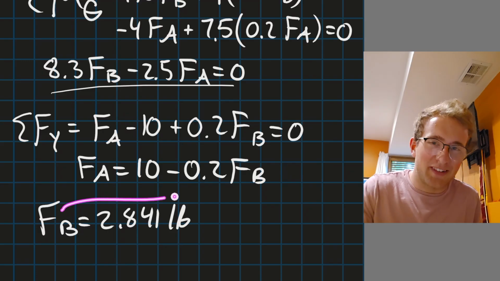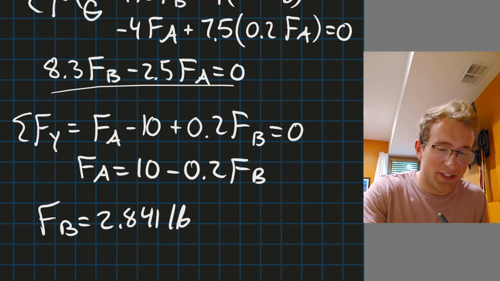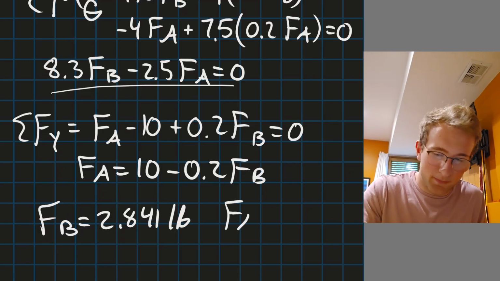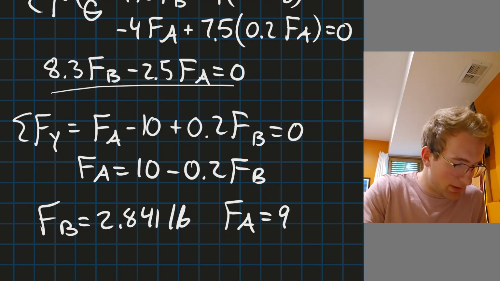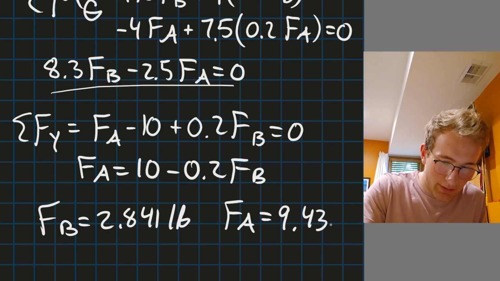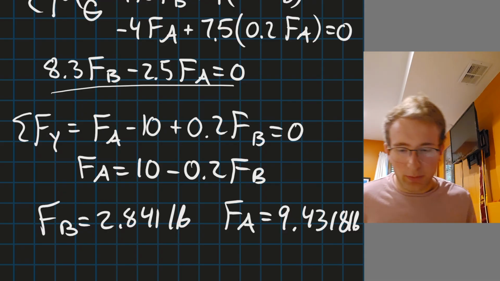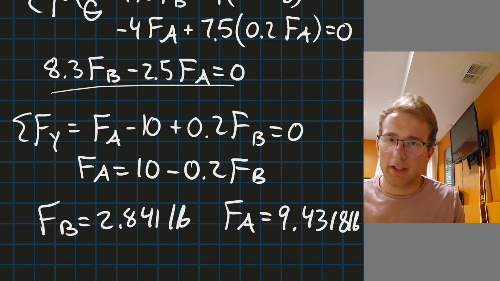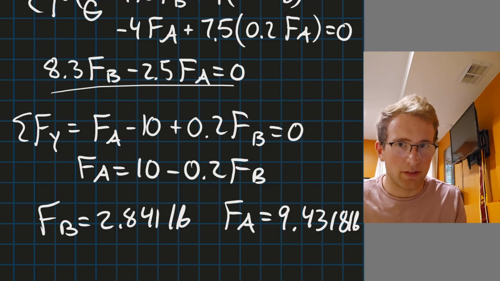I plug FB into my sum of forces in the y direction equation to solve for FA. That's what I get for FA. Right? It's just solving a system of equations. That's all we're doing.